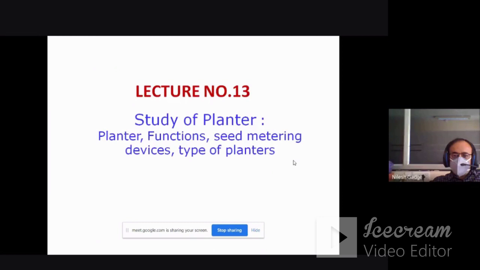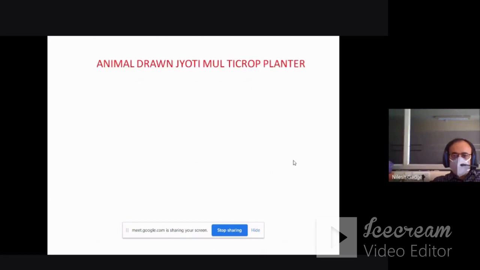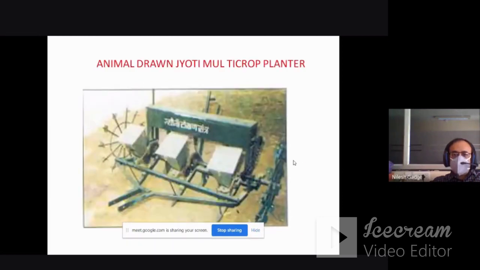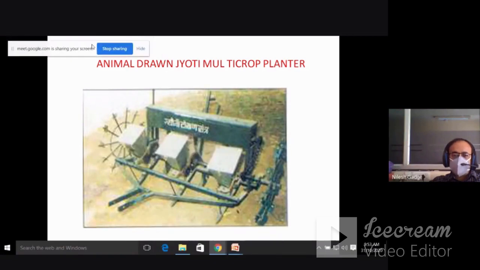Planter. First of all, this is the figure of the animal drawn Jyoti multi-crop planter. It is invented or manufactured by MPKV, Mahatma Phule Krishi Vidyapeeth.